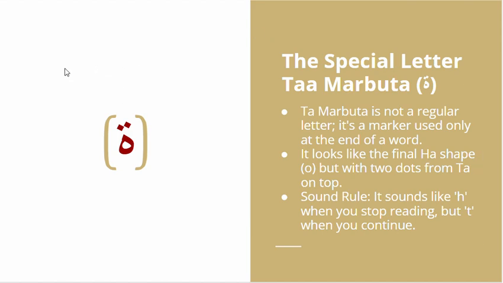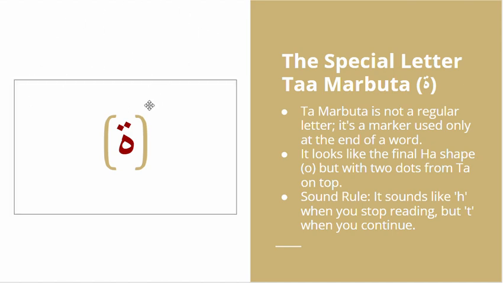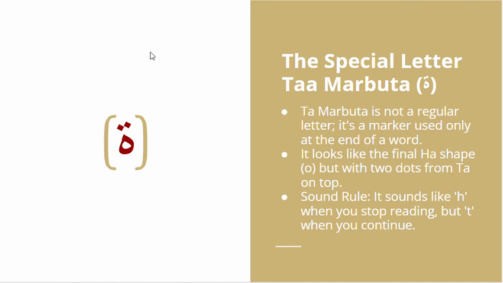But if you have a word after it and you say it together, it will change to ta, like that. Ta. I need to give you an example. Like my name, Sarah. In Arabic, it can be written with ta marbuta at the end.